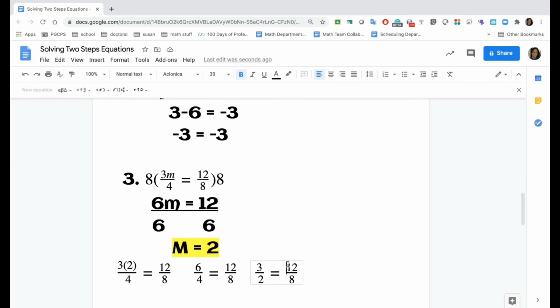So 12 divided by 4 will be 3, and 8 divided by 4 will be 2. So 3 over 2 is equal to 3 over 2. The left side is equal to the right side, which means the value of m is really 2.